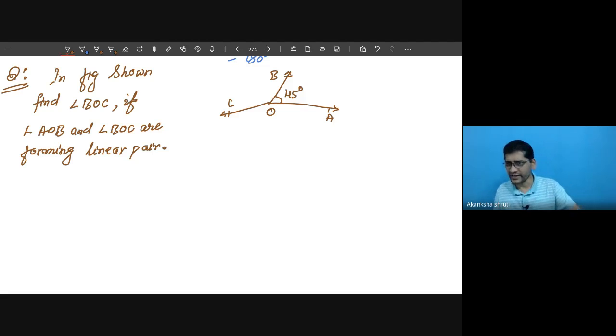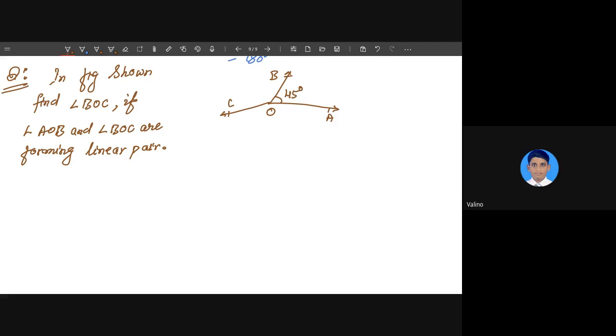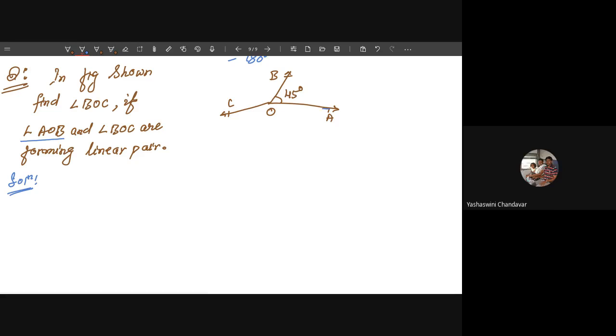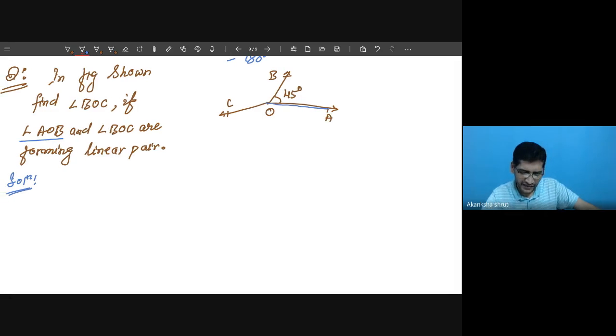Students, please tell me quickly. Very simple question. 180 minus 45. Sir, 180 minus 45. What is the value? So it's very easy. It is given that angle AOB, A, O and B, and angle BOC are forming a linear pair.